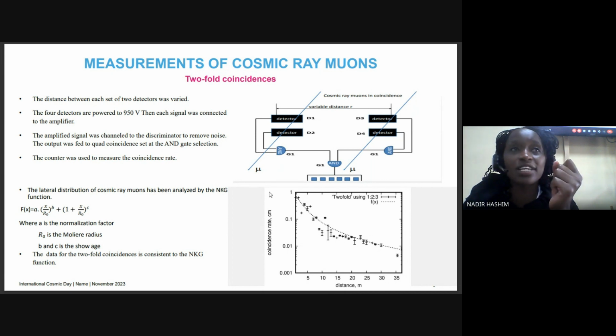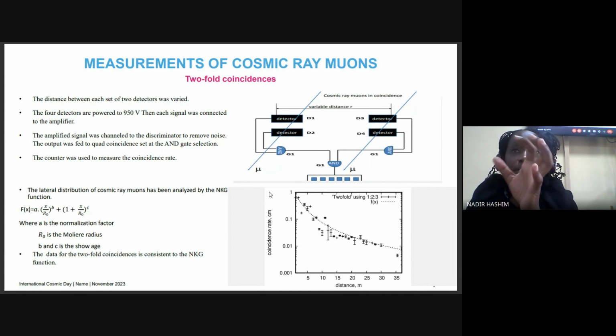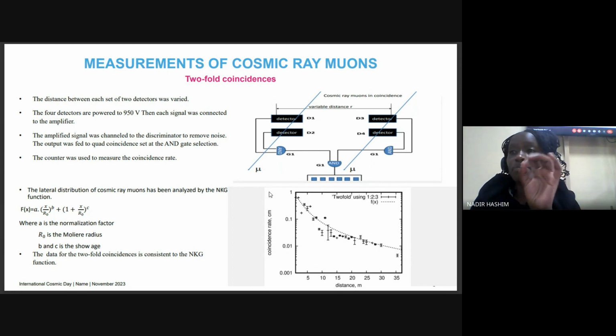So we varied our distance from 0 to 35.5 meters. We power these detectors to 950 volts. And then after you power the detectors, you connect to the amplifier for the amplification of the signal. And then you connect to the discriminator so as to remove noise.